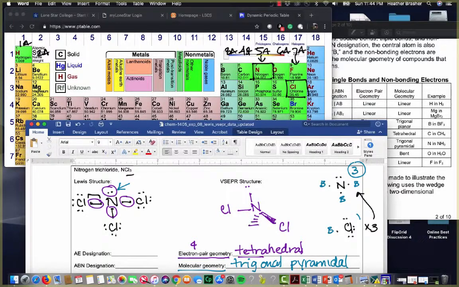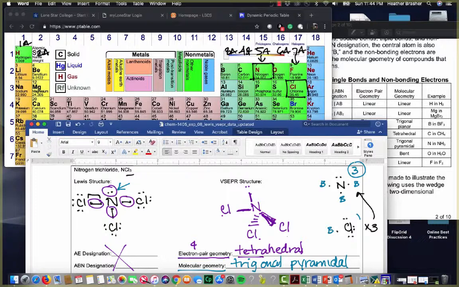So we have our 3 Cl's and then our electron pair up here. Now these guys represent the plane of the paper. This is coming out and this is going behind. And so that's our answer. And just to let you know, we're not going to actually hit on these during this video. So that's our first one.